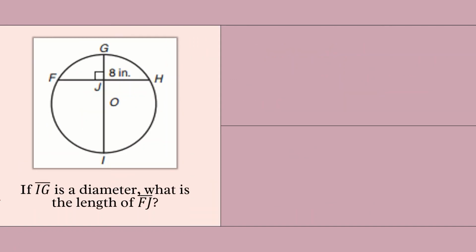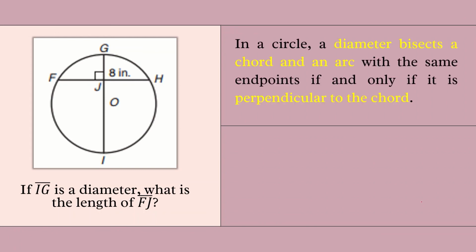For the last illustration, circle O, if segment IG is the diameter, what is the length of segment FJ? So in a circle, the diameter bisects a coordinate arc with the same endpoints if and only if it is perpendicular to the chord.